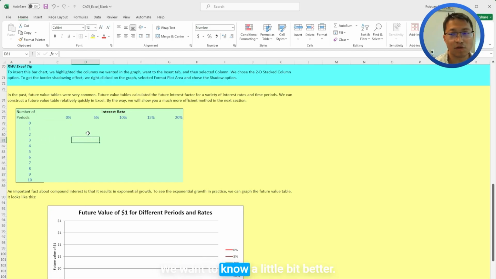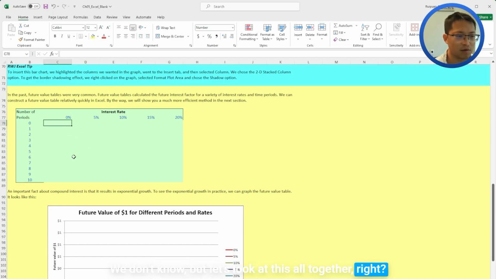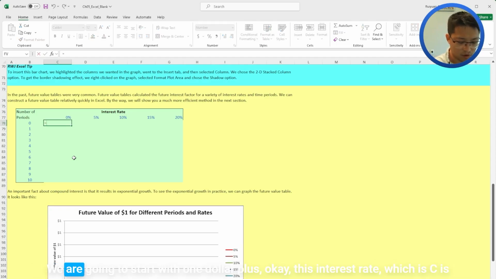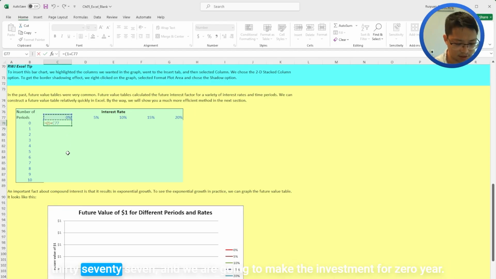We want to know a little bit better. How do we do that? We don't know, but let's look at this all together. So let's assume we're going to make an investment of $1 to make our life much easier. So we know we're going to start with $1 plus this interest rate, which is C77, and we are going to make the investment for 0 years.